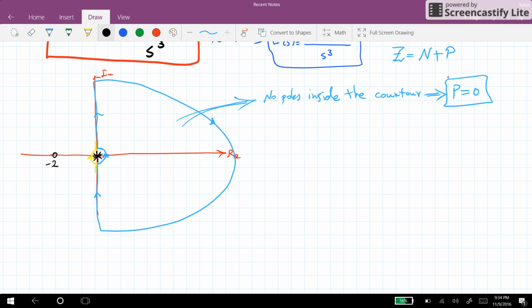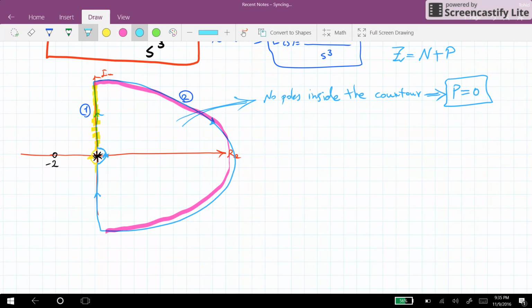As you can see here, we have indeed 3 segments for the contour. The first segment is here, I will call it segment number 1. The second segment is here, which could be called segment number 2.